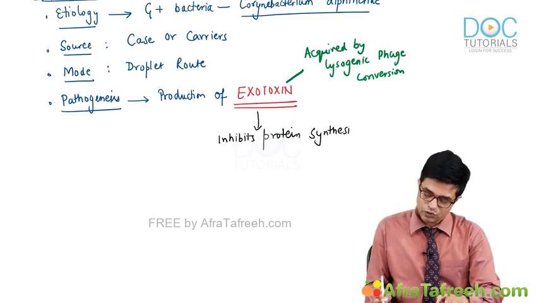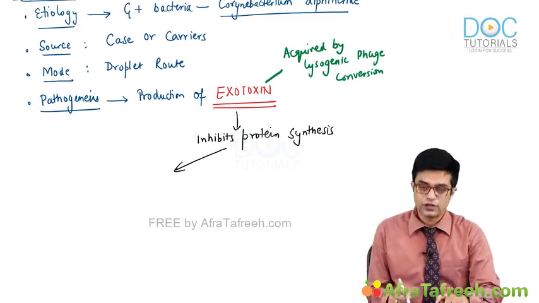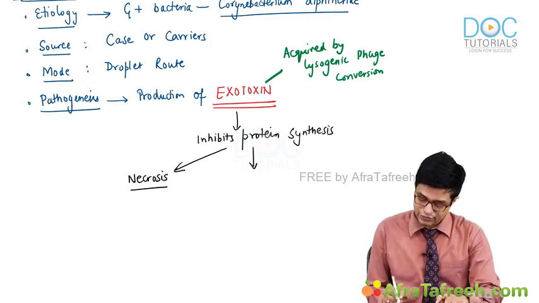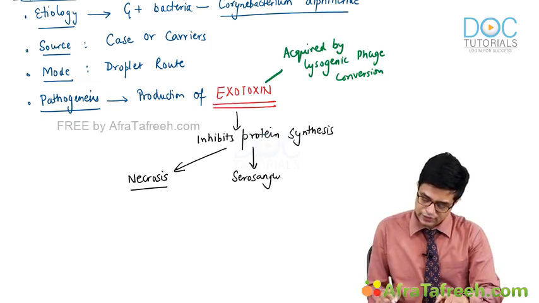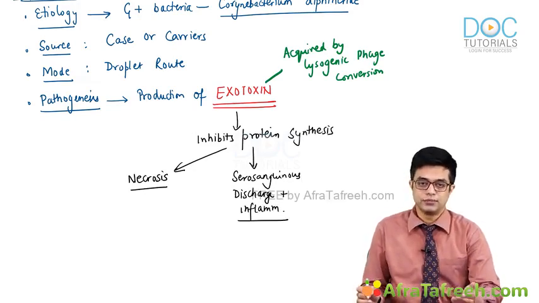By inhibiting protein synthesis, it performs three functions. First of all, it causes necrosis of the epithelial cells. Secondly, it produces a serosanguinous discharge associated with inflammation wherever it locally gets deposited; this is considered to be a local action.